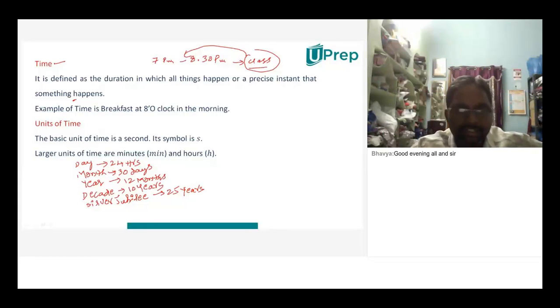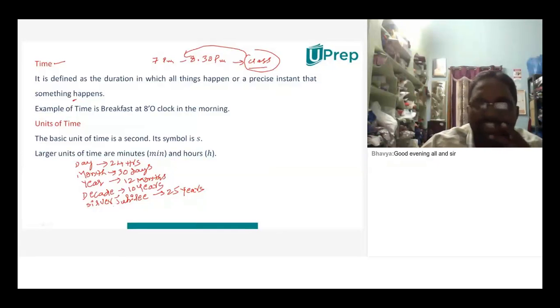And for 50 years, can we say anything? Golden Jubilee? No, sir, half century. Right, half century. After Silver Jubilee, 25 years, generally we use one more unit, which is called century.